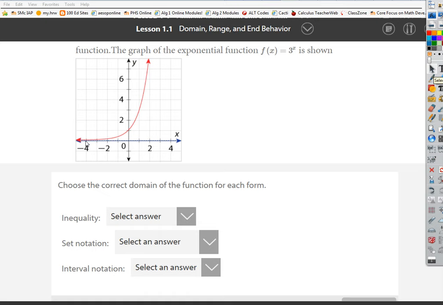The thinking is that as I move this way, this thing is climbing more and more steeply, so it's getting really, really high. But there's nothing up here that indicates this thing ever becomes asymptotic, right?